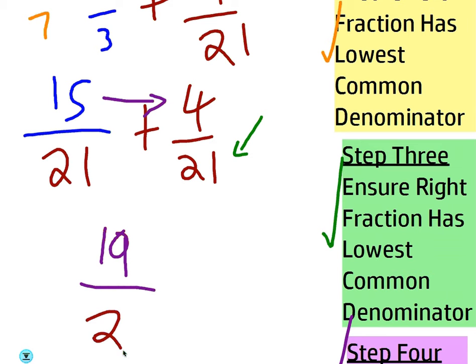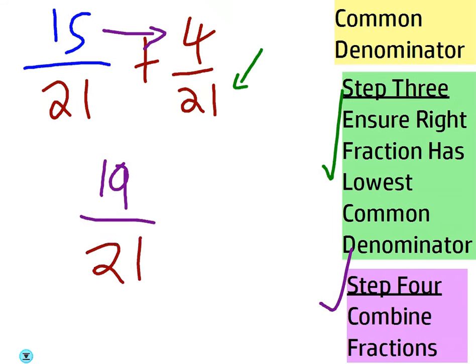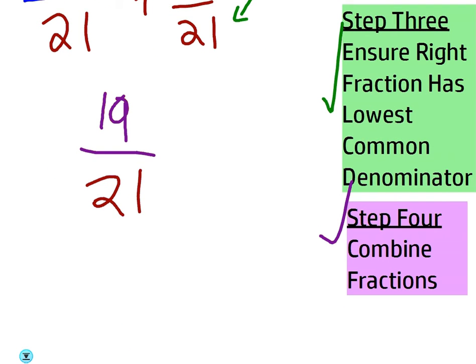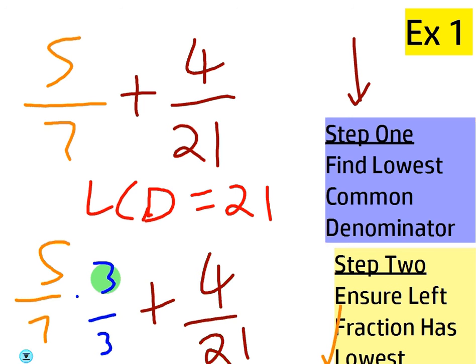Does that reduce? It does not. Okay. They don't have a common factor, so that's the answer, 19/21. So in this case, you guys can see that if you tried to do 7 times 21 on the bottom, it's going to be a little bit too complicated. This way is easier. You can do it that way, but why not do it the easiest way, right?